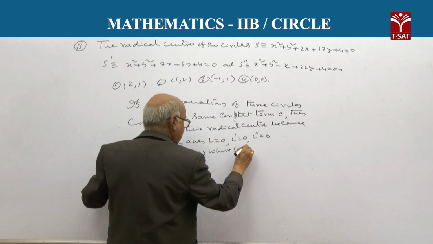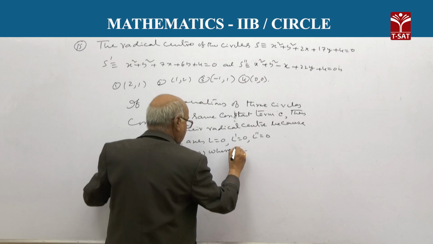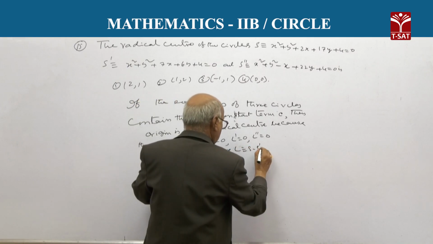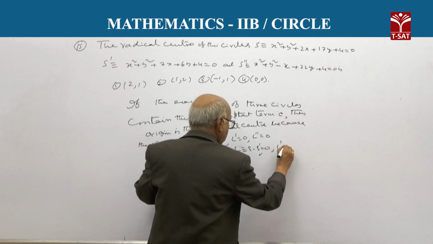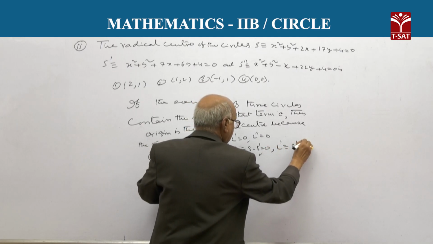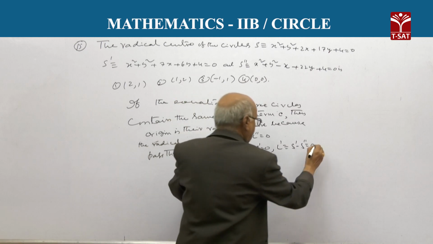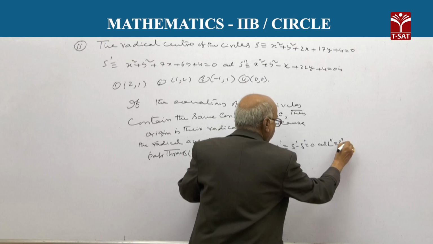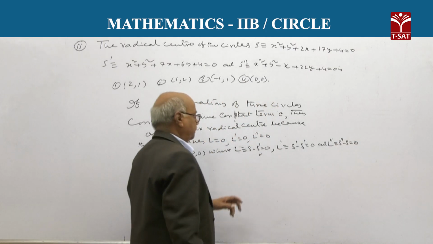Here L is equal to S minus S dash equal to 0, L dash is equal to S dash minus S double dash equal to 0, and L double dash is equal to S double dash minus S equal to 0.